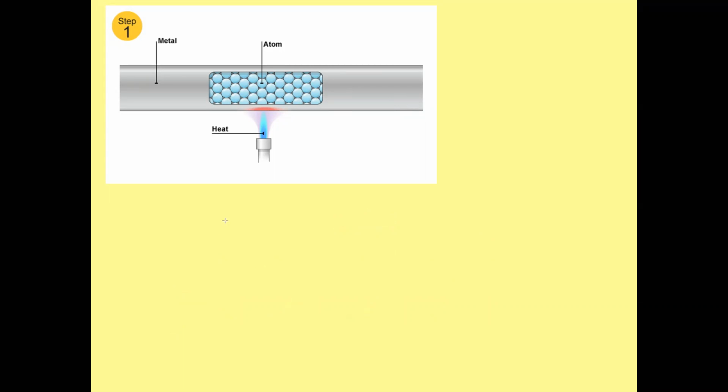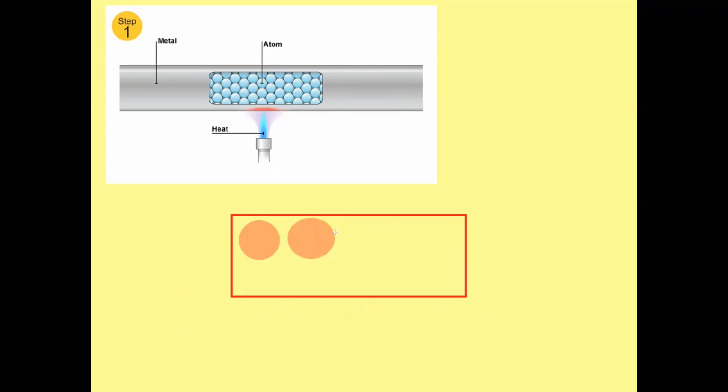But most of the energy, because we know the structure of metals has positive ions, so these are the positive ions of the metal, most of the energy is transferred by the lattice vibration.